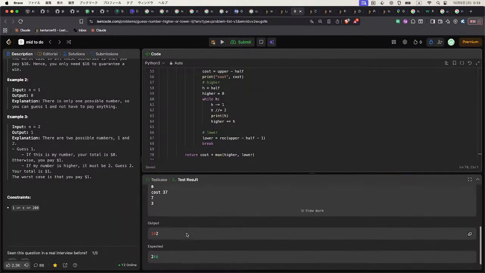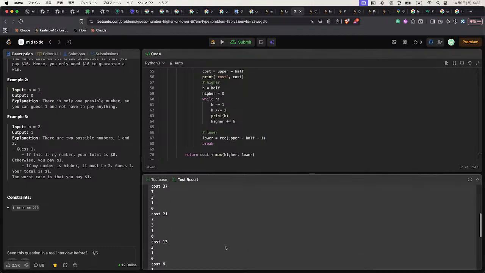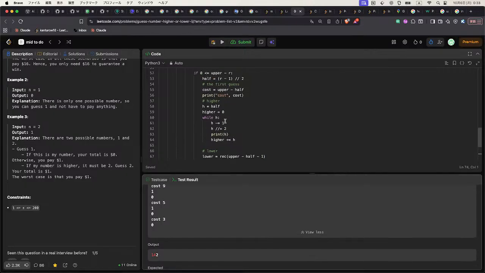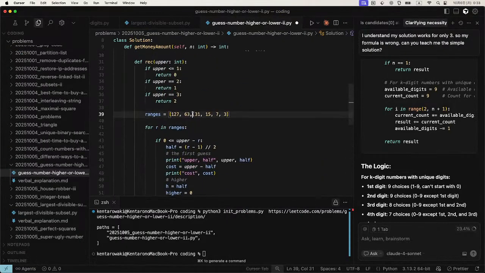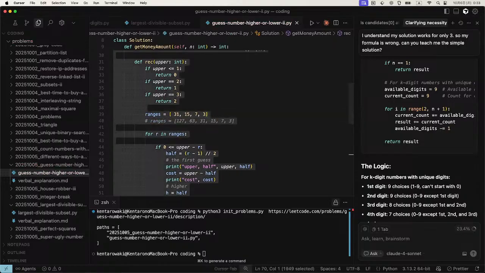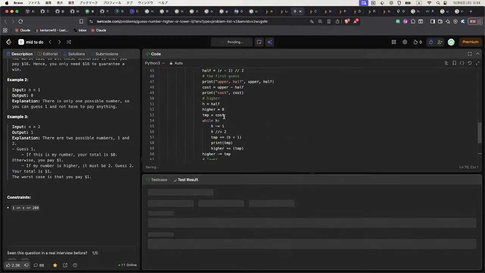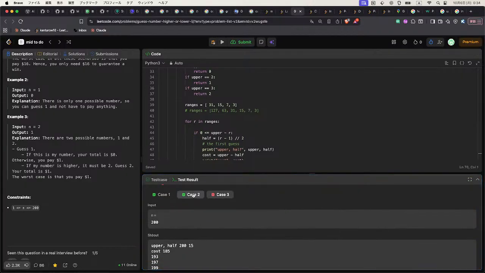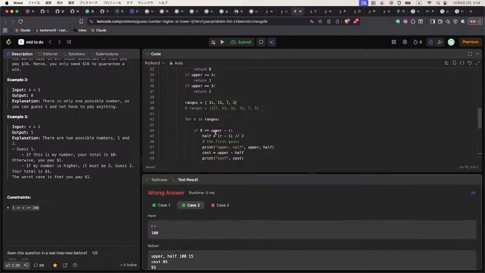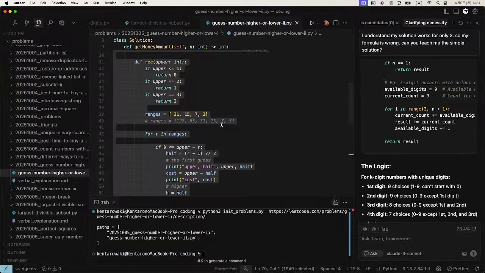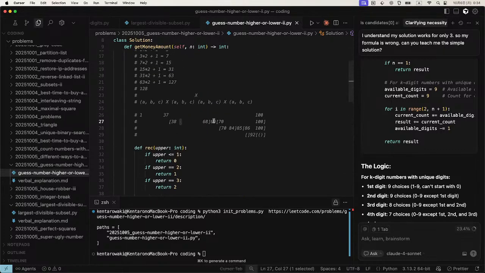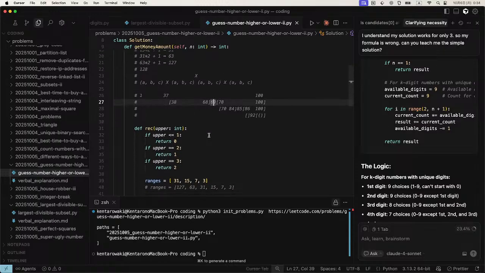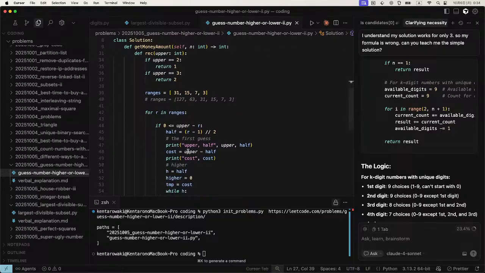Oh, it's really strong. Right. But I don't know the reason why this works. I don't know why.